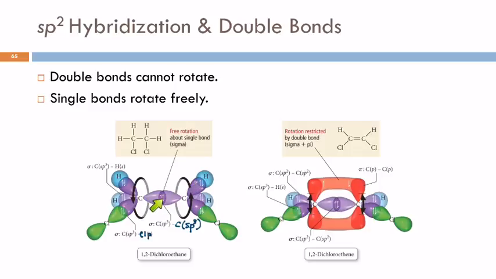This you can rotate. So let me show you what that looks like. Didn't have this quite right.